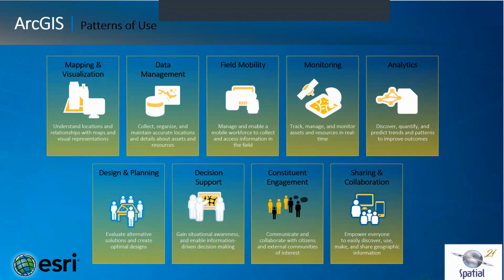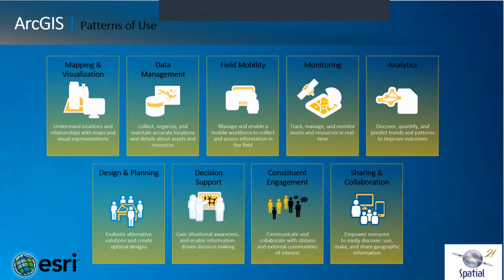So in terms of the use of GIS, we'll now look at how you can maximize this through the 9 ArcGIS patterns of use. All around the world, GIS is utilized predominantly in mapping and visualization, data management, field mobility, monitoring, analytics, design and planning, decision support, constituent engagement, and sharing and collaboration.